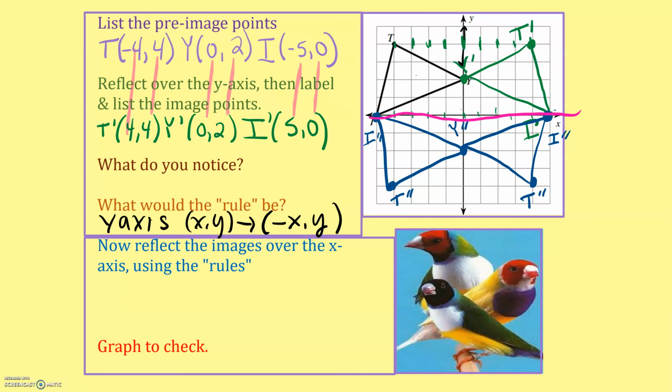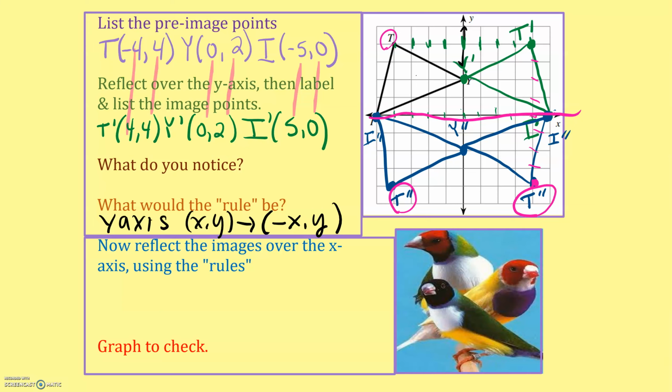My t, I counted 1, 2, 3, 4 to the x-axis, so now I count 1, 2, 3, 4 to the other side. Notice that I labeled this t prime prime. That's because I'm reflecting my t prime over to make the new image, and this is after the second reflection that I put that point there.